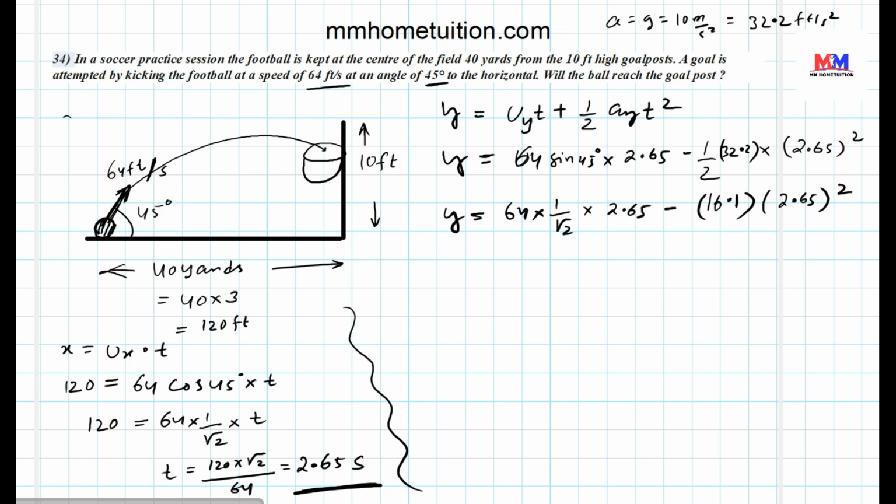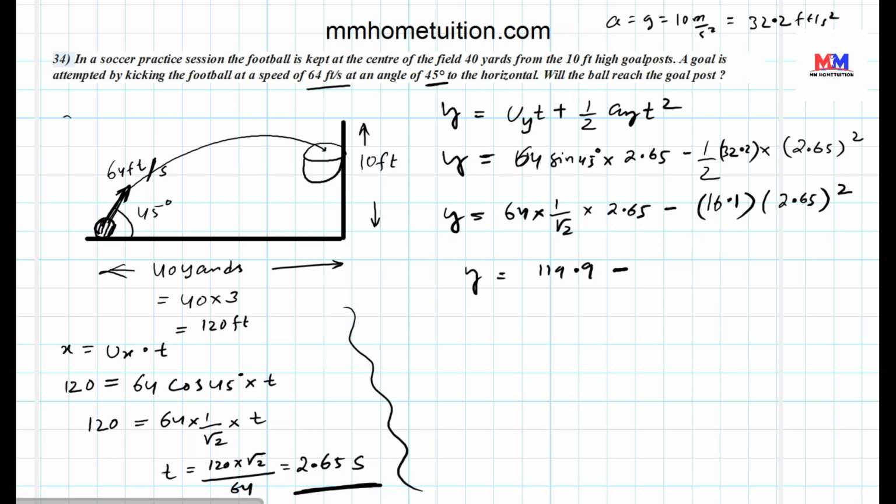So that equals how much? That equals 64 into 2.65, which is 169.6, divided by 1.414. So that equals 119.9.